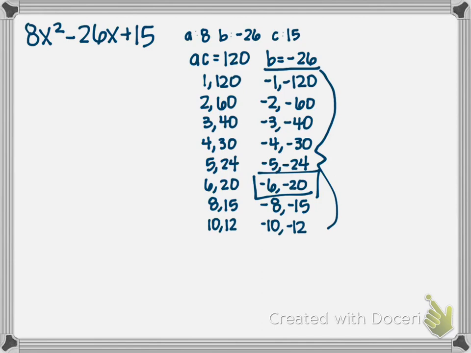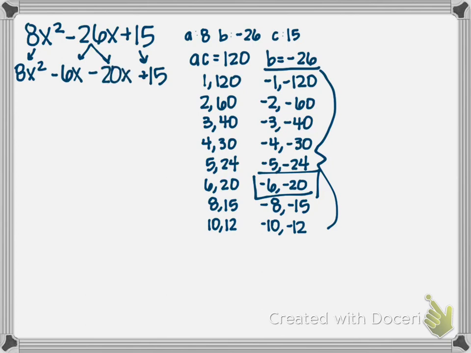So when I go back to factor, remember that I keep my first term the same, 8x squared, and I keep my last term the same, plus 15. But my middle term gets split up into the two numbers that add to it, which in this case is -6x and -20x.